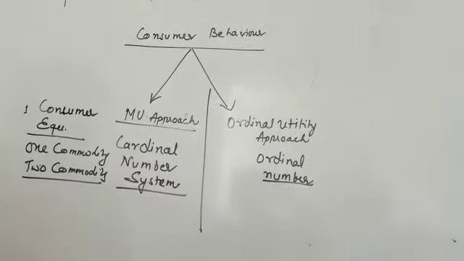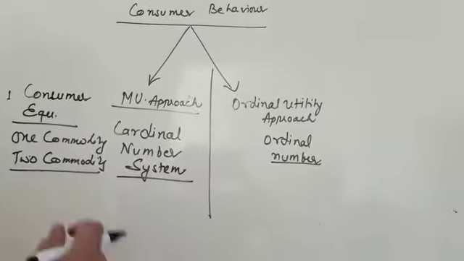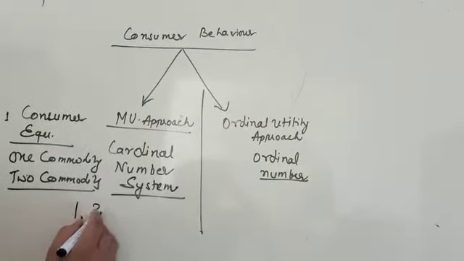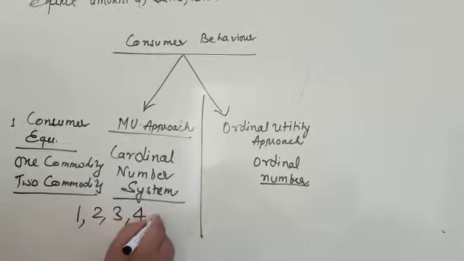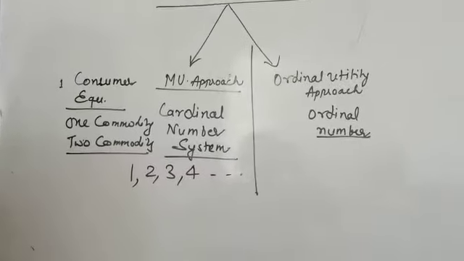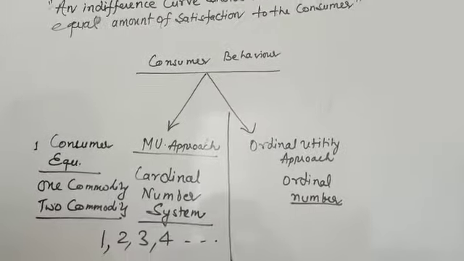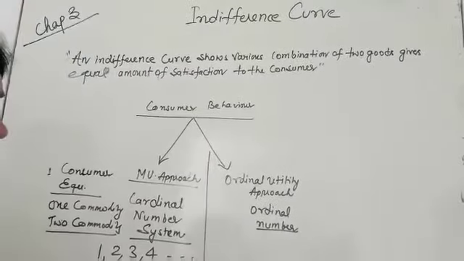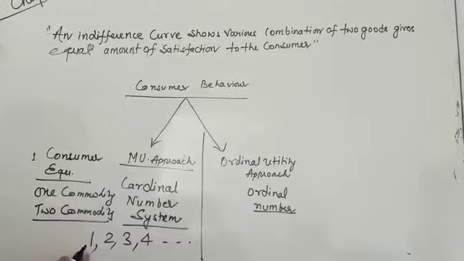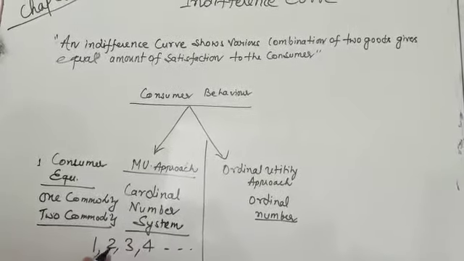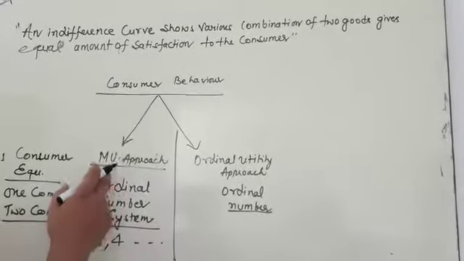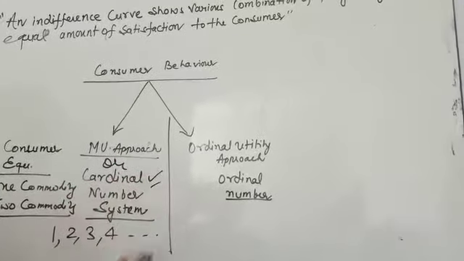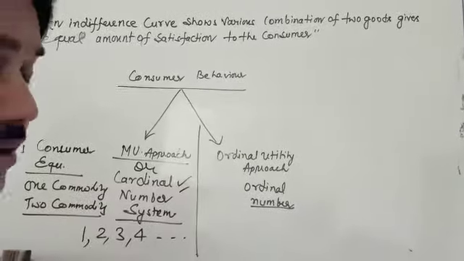That is called marginal utility. It means the behavior of the consumer is measured in numbers 1, 2, 3, 4, etc. Whatever commodity the consumer purchases for satisfaction, this satisfaction is measured in terms of numbers, that is called the marginal utility approach or cardinal utility approach. This topic we have already studied.